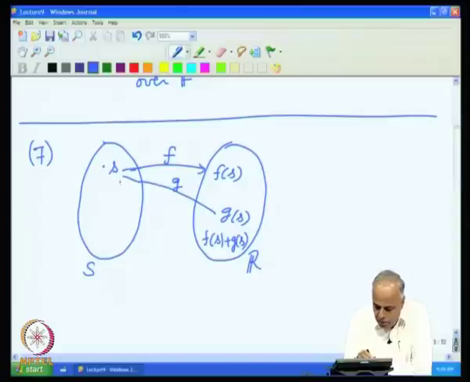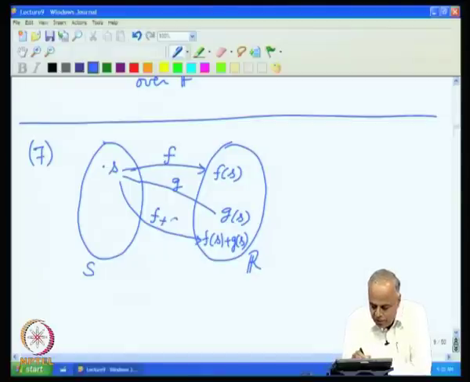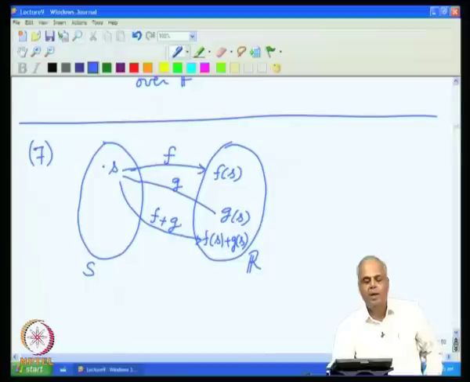Now, we can think of a new function which associates with s the value f(s) plus g(s). We call that the function f plus g. So, we have two functions from S to R, and this sum function.